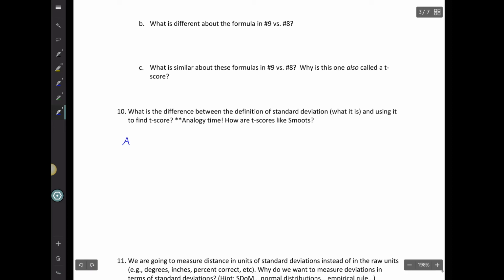So as we said, a standard deviation is the average distance from the mean.